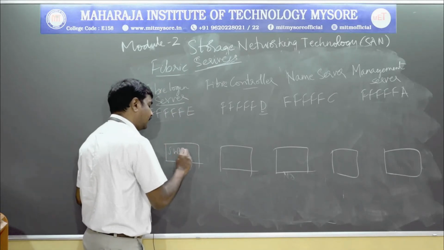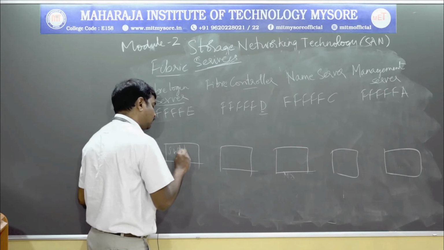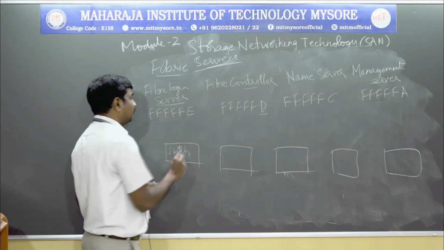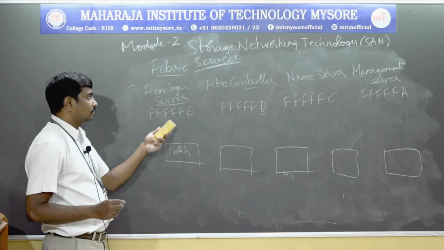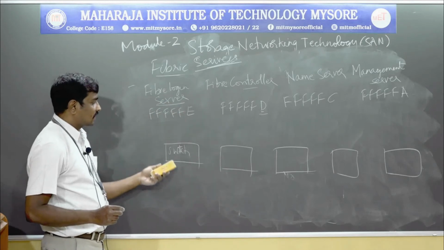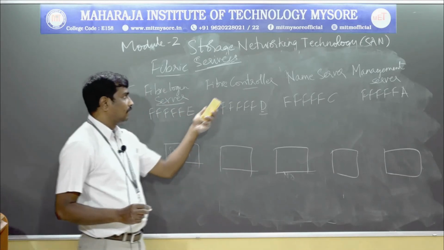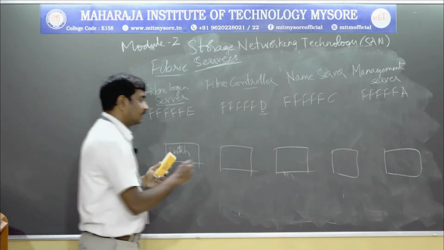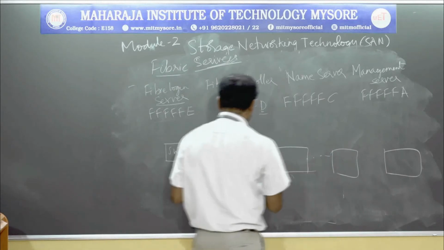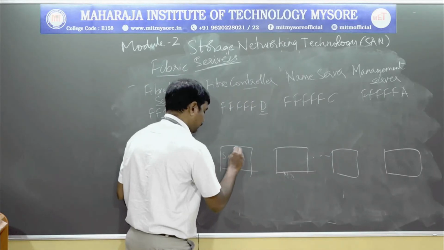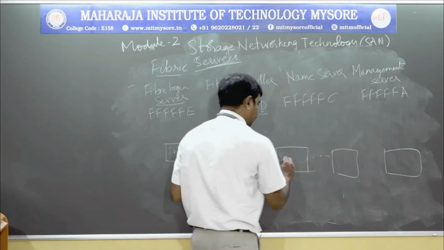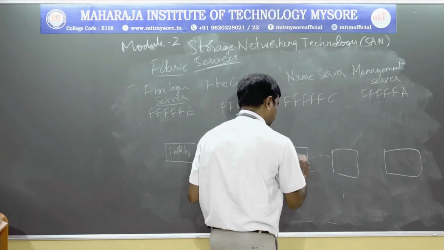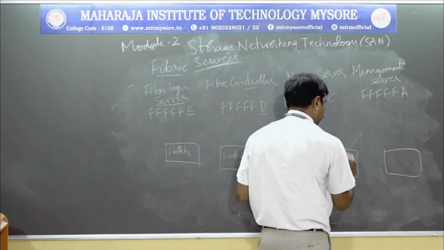Assume that we have a switch, switch 1, okay, and switch 1 contains a login server, login server address, fiber controller, name server and management servers. Like that, there are many switches we are using. So in the infrastructure for connecting between the host machine as well as the data centers, many switches are used.